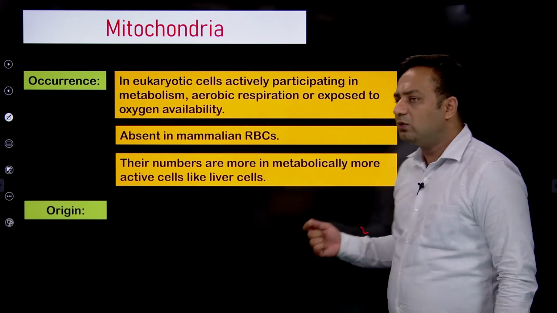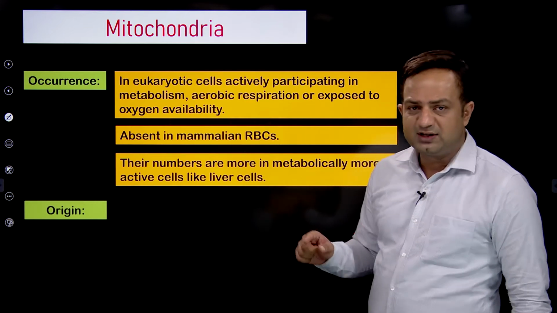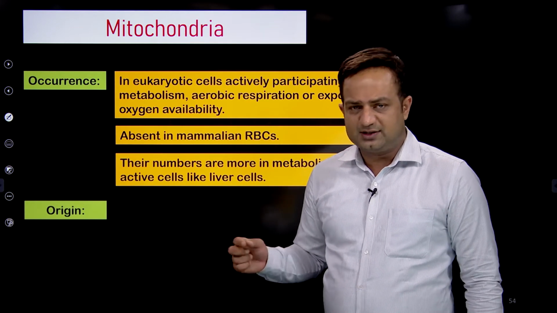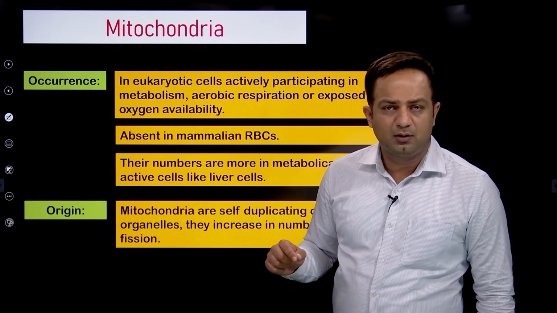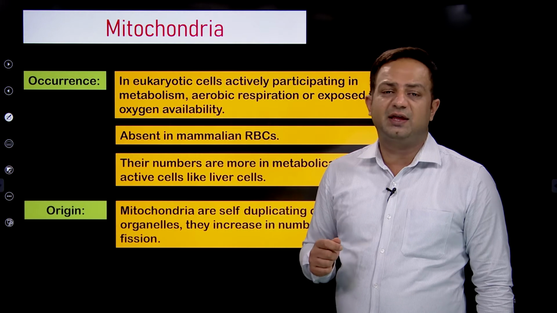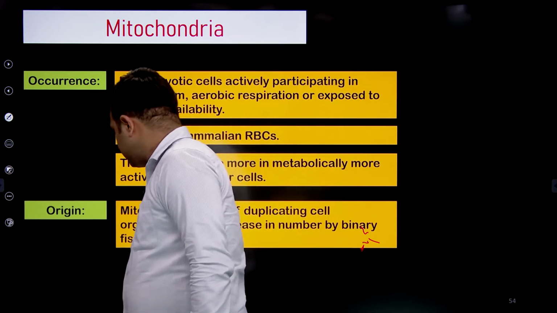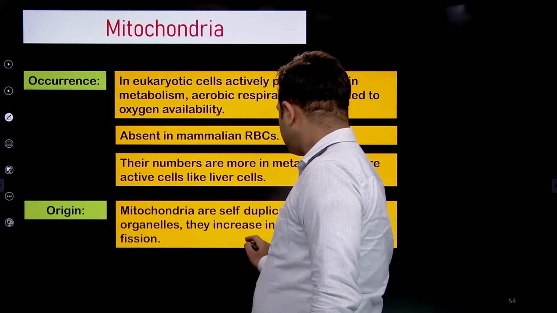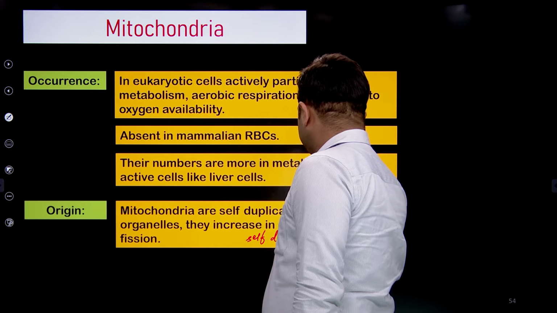Next, how the mitochondria are originating. Just like the nucleus is formed from the nucleus, and a cell is formed from a cell, the same way mitochondria originate from mitochondria. Means they are self-duplicating cell organelles.